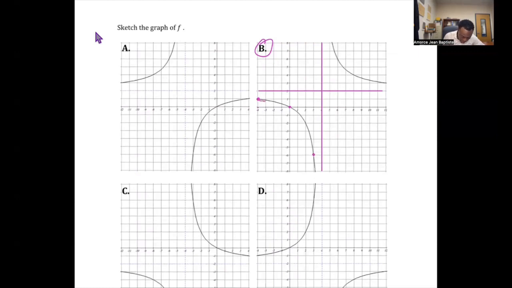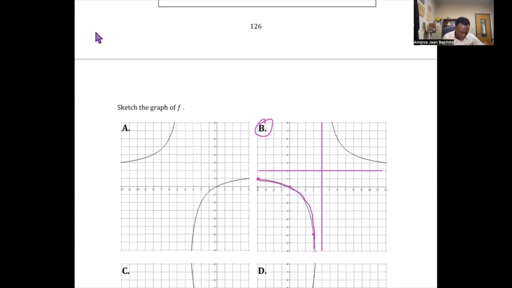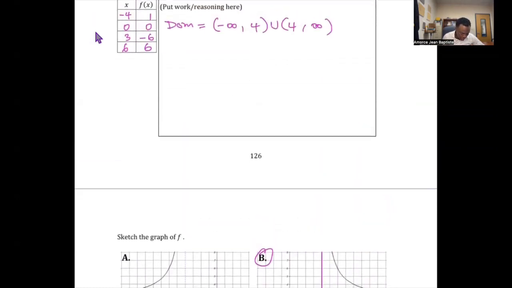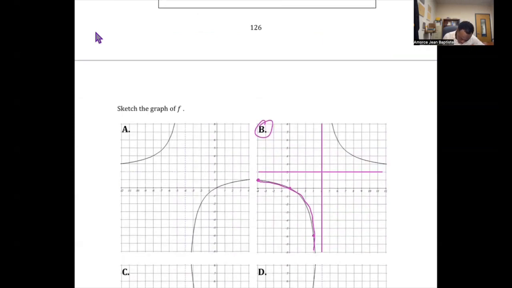Then you could just connect them to sketch your graph. And then on the other side, we had 6, 6, x equals 6, y equals 6. One point is hard, but you know that you're going to connect the dots if you want more.